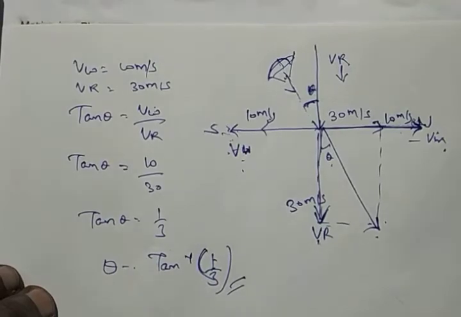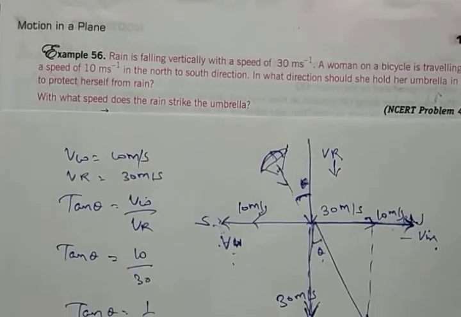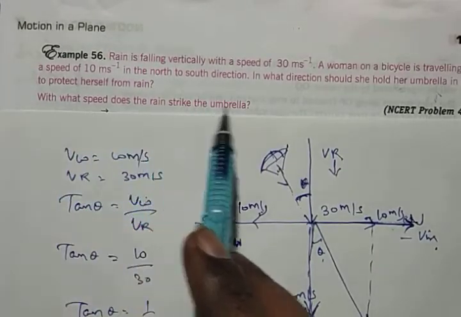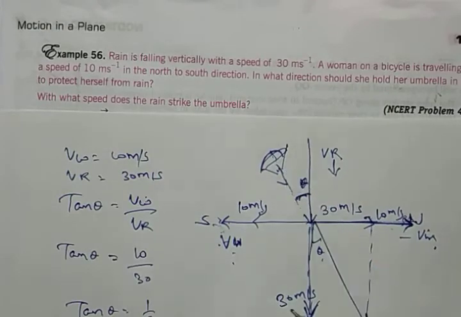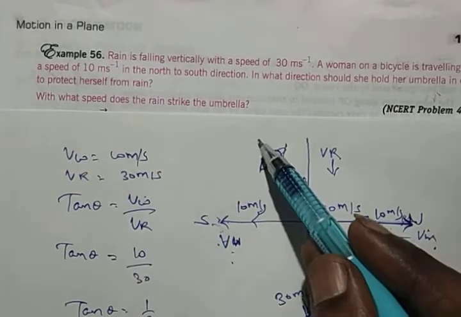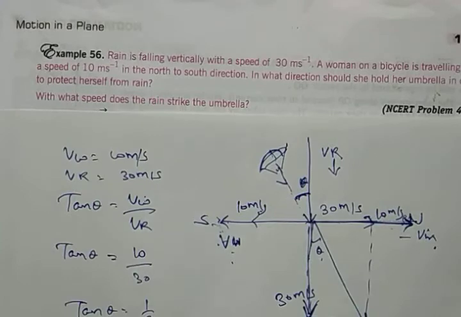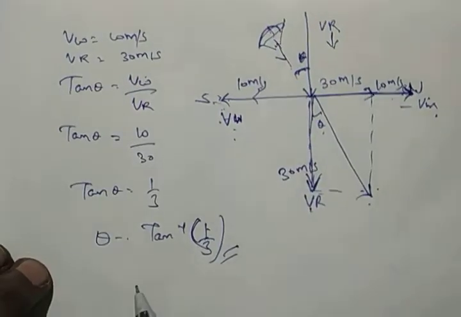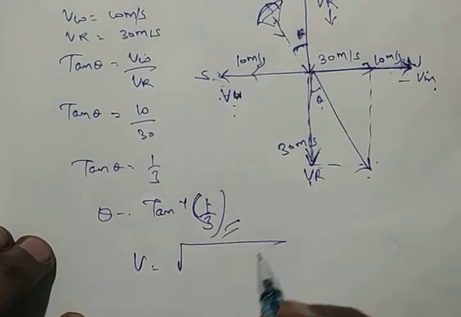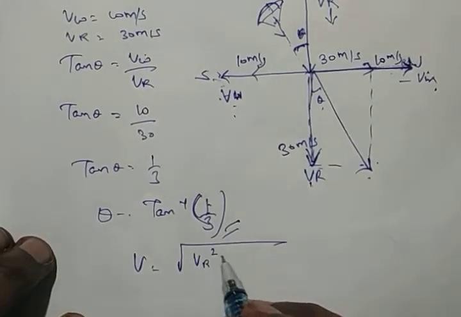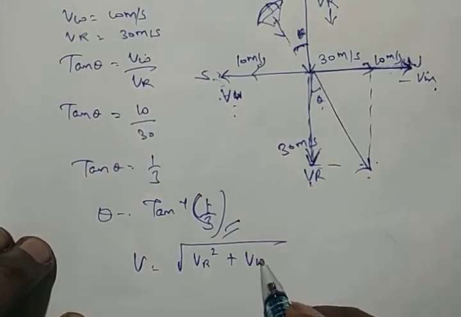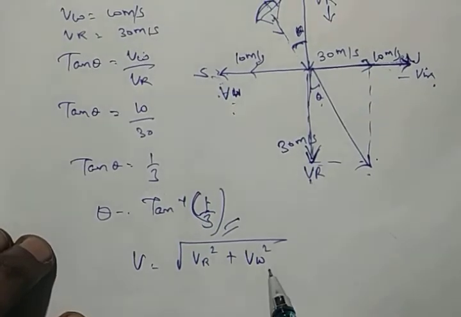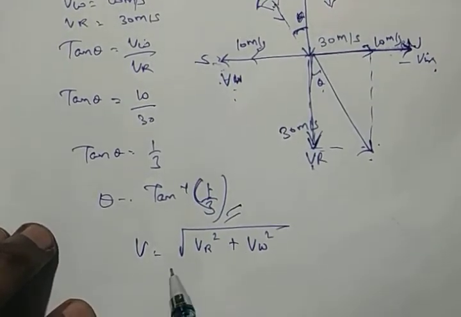So this is the value. With what speed does the rain strike the umbrella? If this is the value of theta here, how much speed will hit you? You can calculate that using v equal to under root of vr square plus vw square, the rain square as well as the velocity of the woman square.